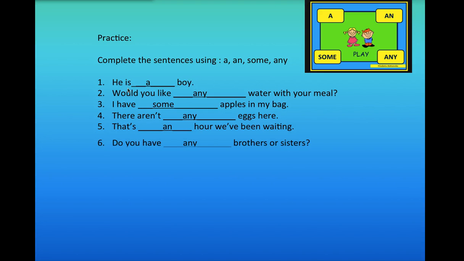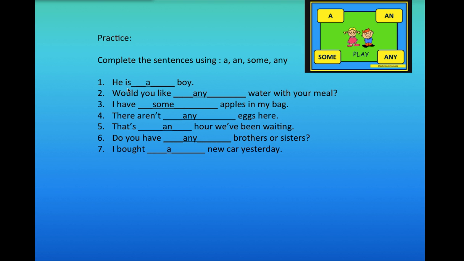It's singular. Do you have any brothers or sisters? Any, because it's a question. I bought a new car yesterday. Car is singular, so we use a. Did you want any fruit? Fruit is uncountable, but this is a question, so we use any.